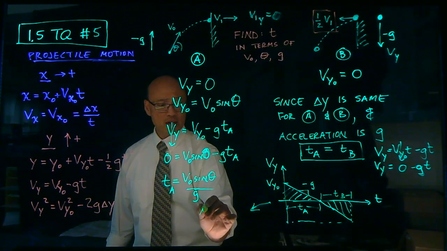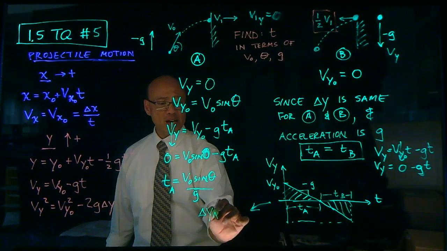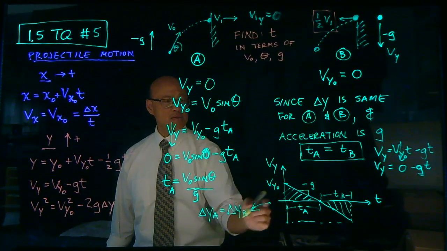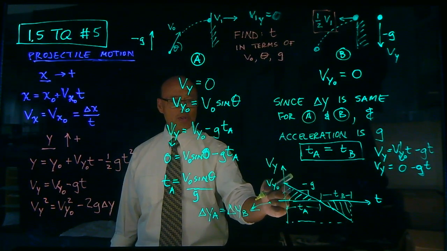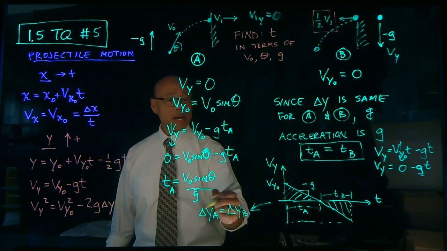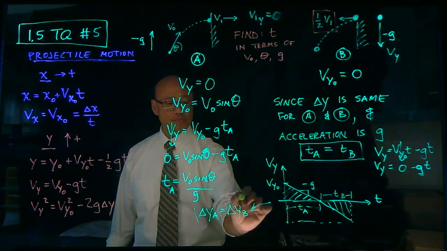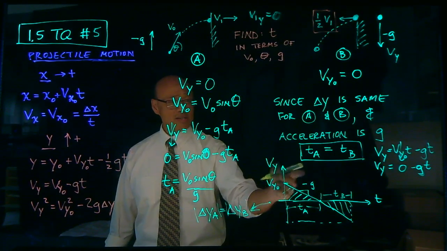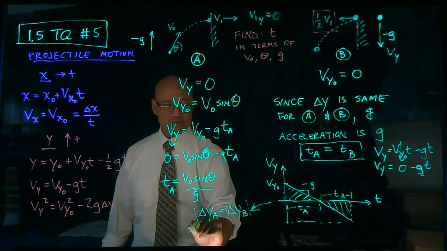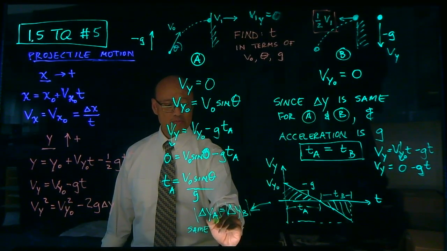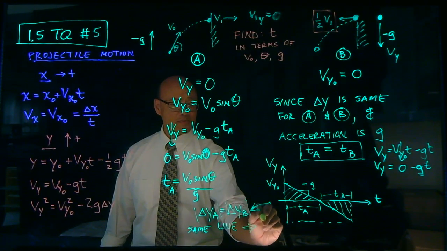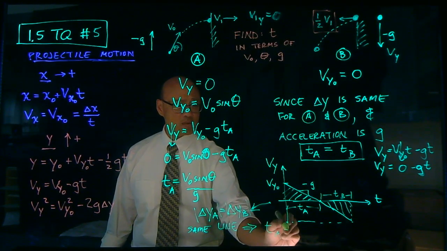Since delta y in A is equal to the change in height on B, the vertical displacement, since those magnitudes are the same, and it's the same line, that forces TA to equal TB.